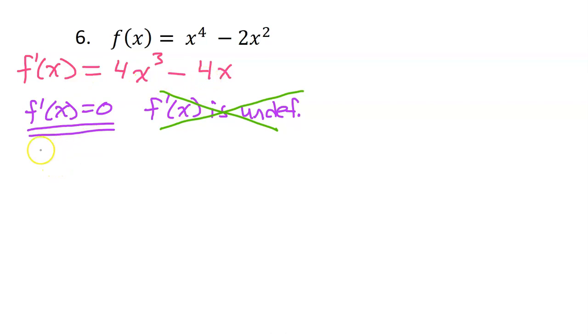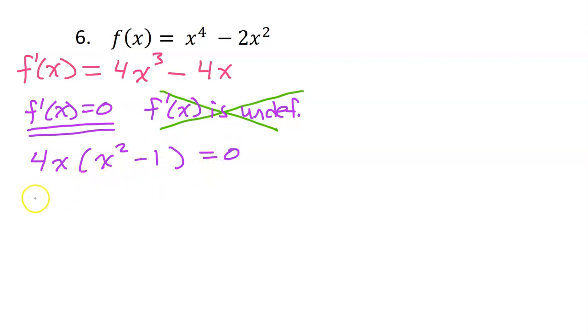This is factorable, so I'm going to go ahead and factor this as I set it equal to 0, and we will have 4x out in front, and then x squared minus 1 is equal to 0.